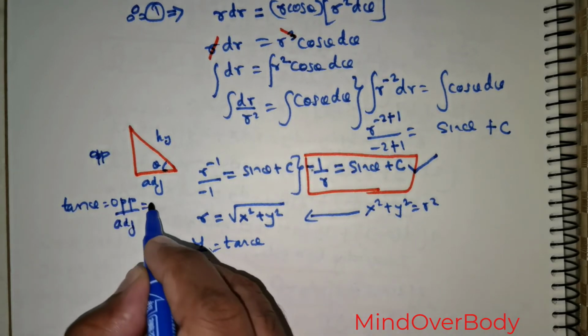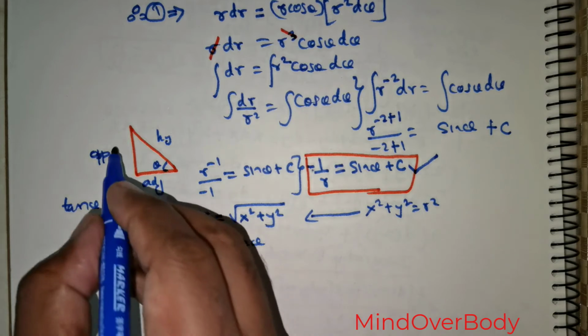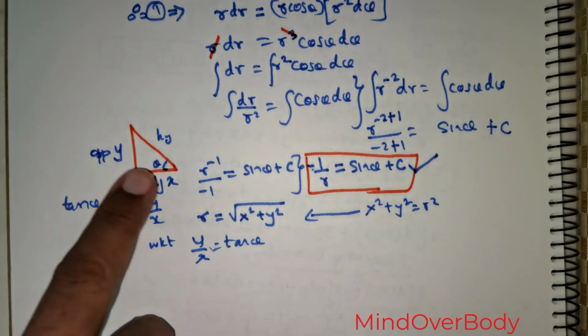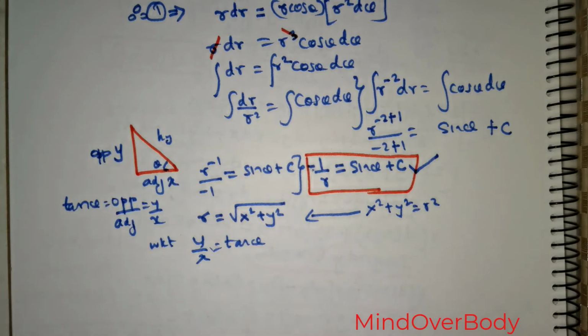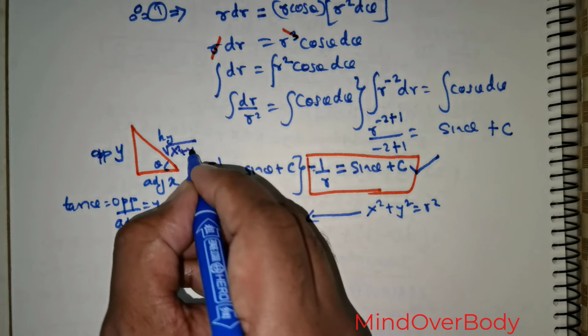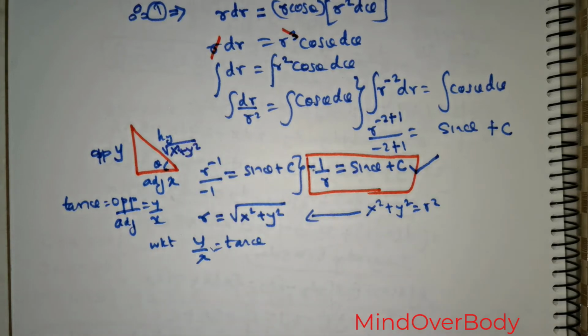But this is nothing but y over x. So this is going to be my y, this is going to be my x, and this is going to be r. So my r is going to be root of x squared plus y squared. Okay, so much for that.